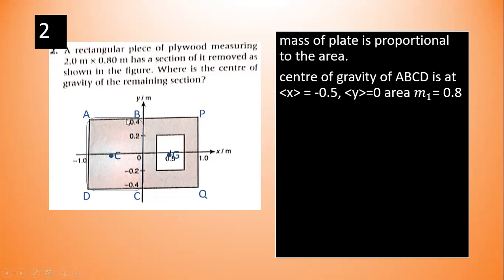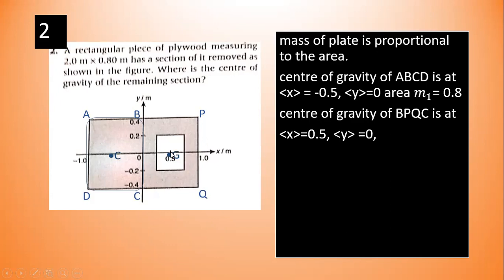So 0.8 times 1 is 0.8. We call that area the mass acting at C. And then we look at B, P, Q, C. The center of gravity is at G here.